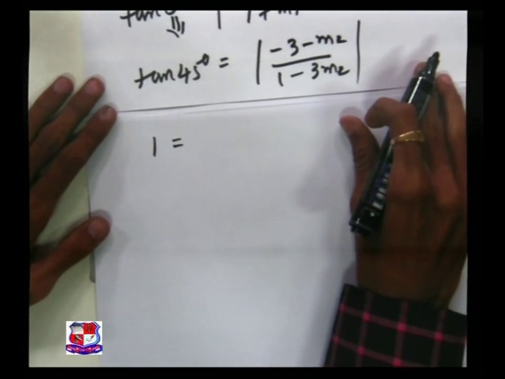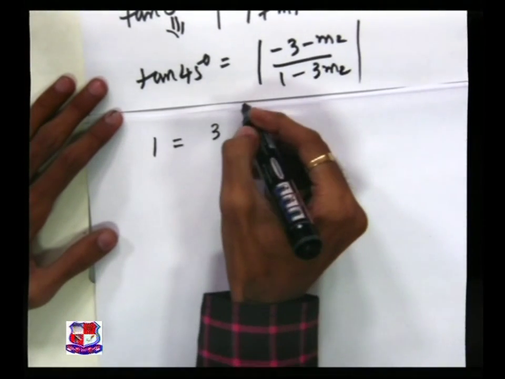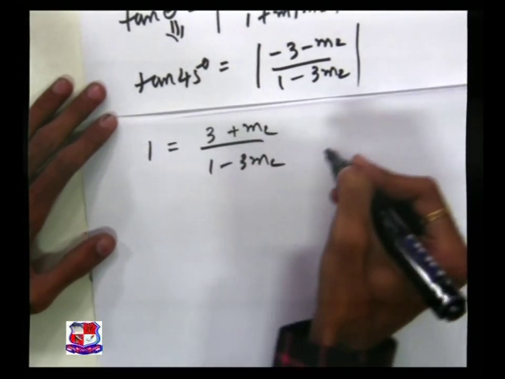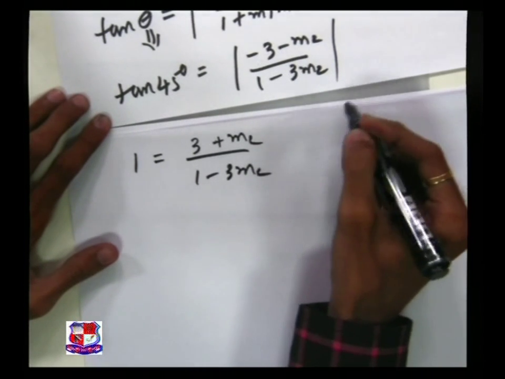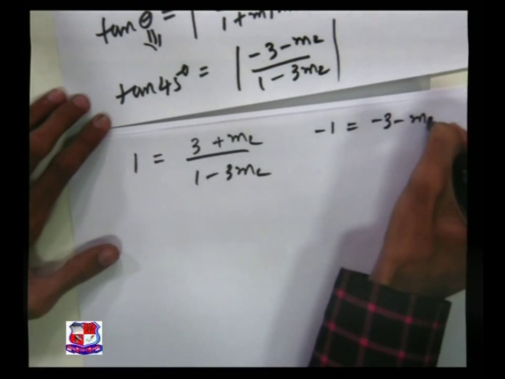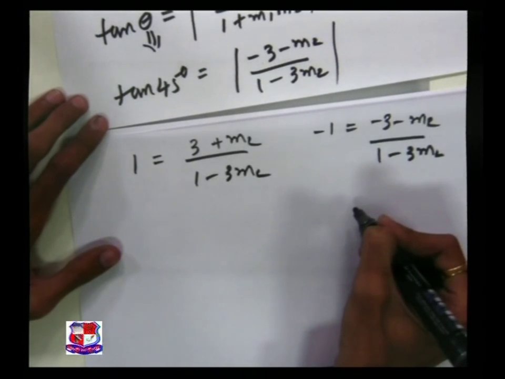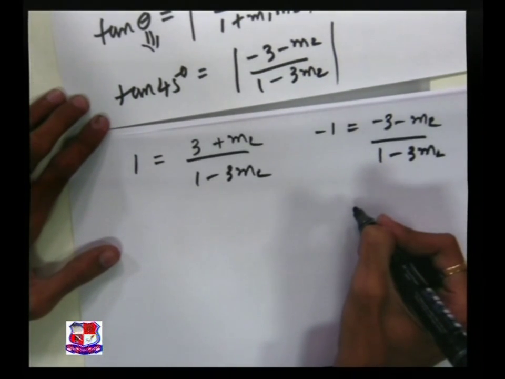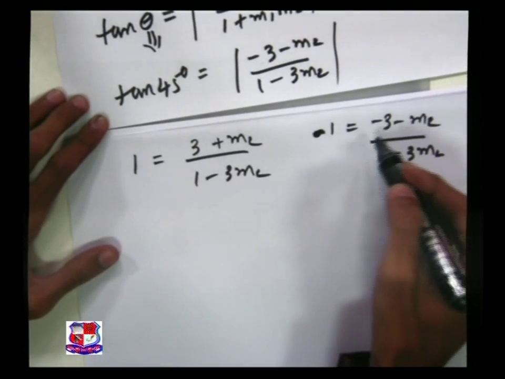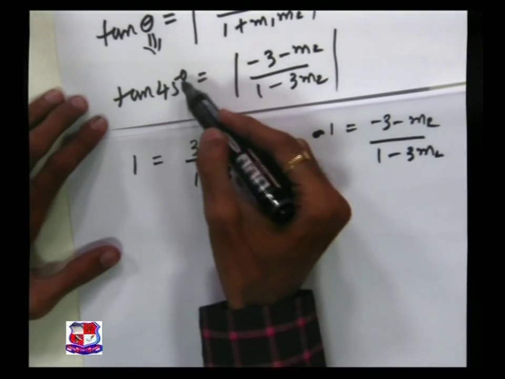we have two possibilities. 1 is equal to (minus 3 minus m2) upon (1 minus 3m2), and the second possibility is minus 1 is equal to (minus 3 minus m2) upon (1 minus 3m2), because tan 45 is equal to 1.